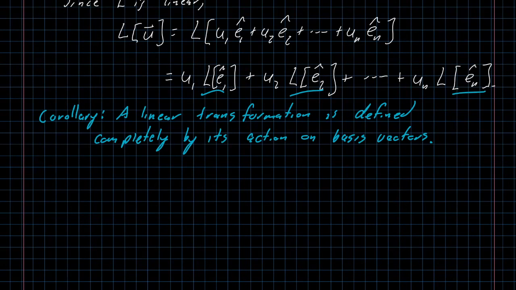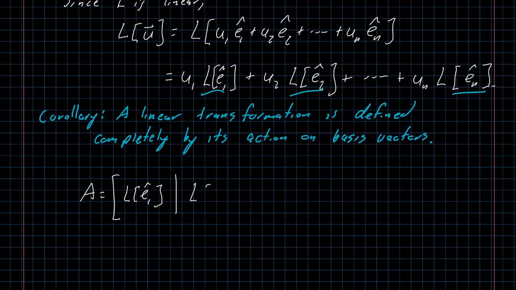a matrix, I'm just going to create a matrix where the columns of matrix A are these outputs. L acting on e1. Remember that L maps from Rn to Rm. So the output of L on e1 is a vector in Rm, an m-dimensional vector.